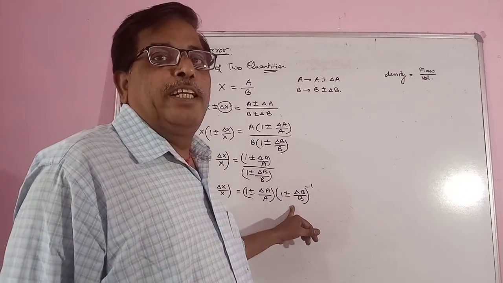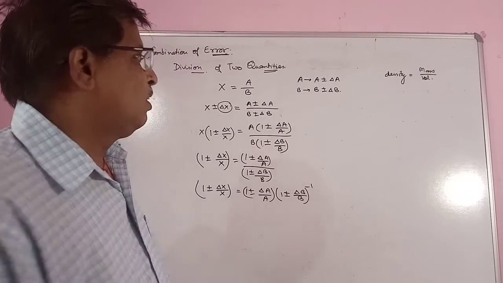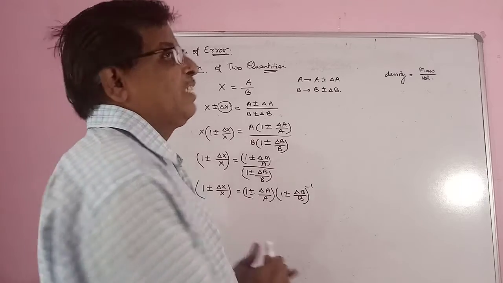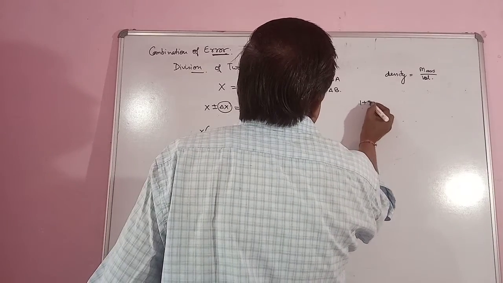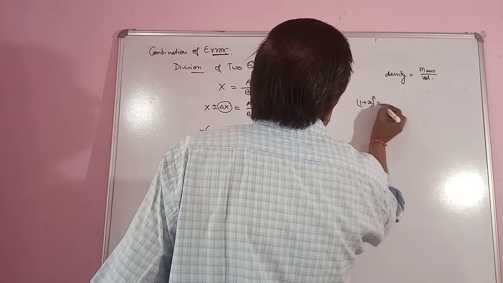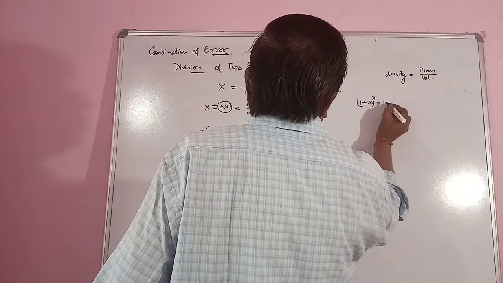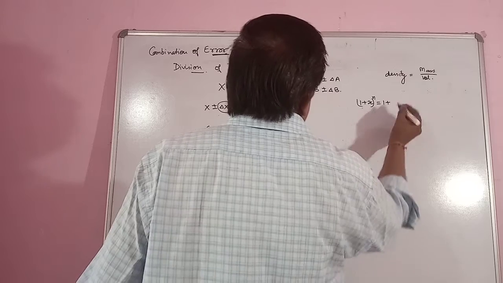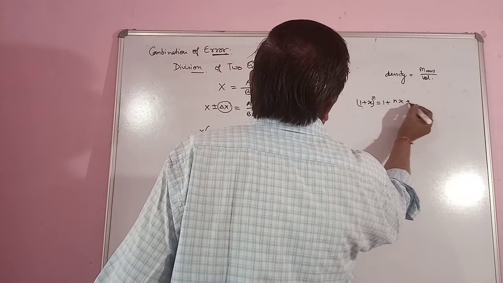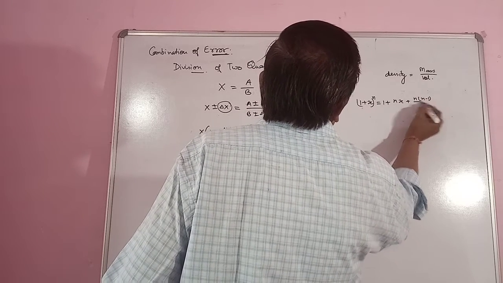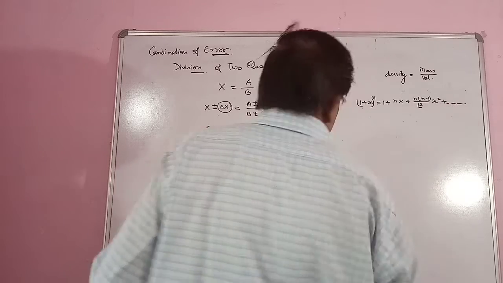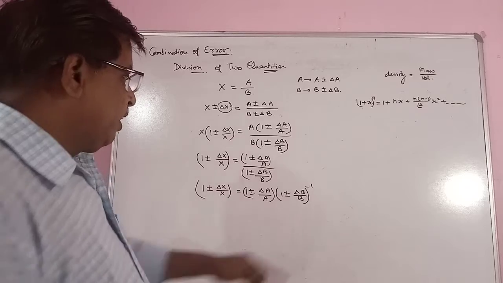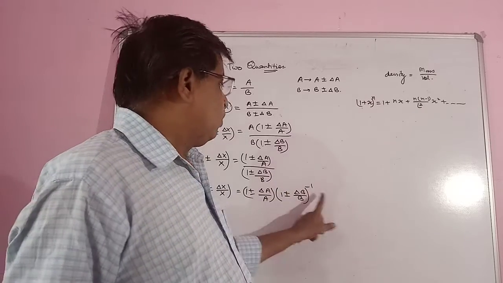On expanding, this is (1 plus x) to the power n, the binomial expansion, which is 1 plus n x plus n into n minus 1 upon factorial 2 into x square, and so on. Here n equal to minus 1.